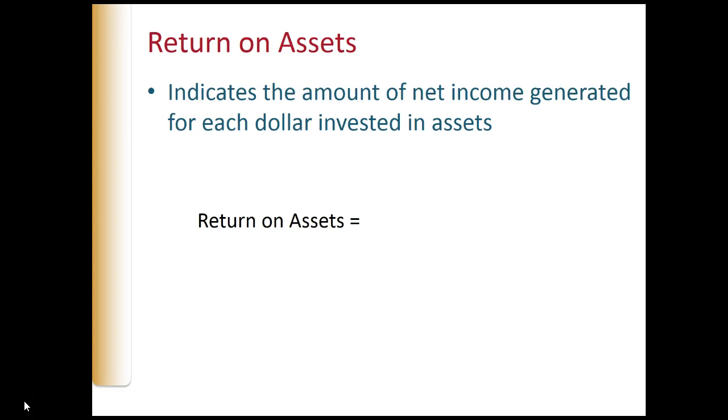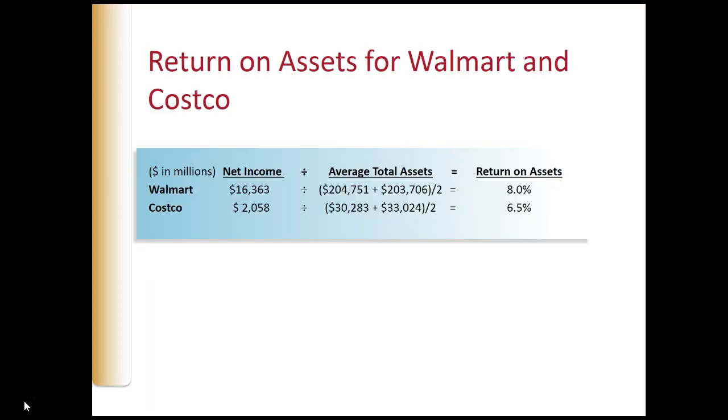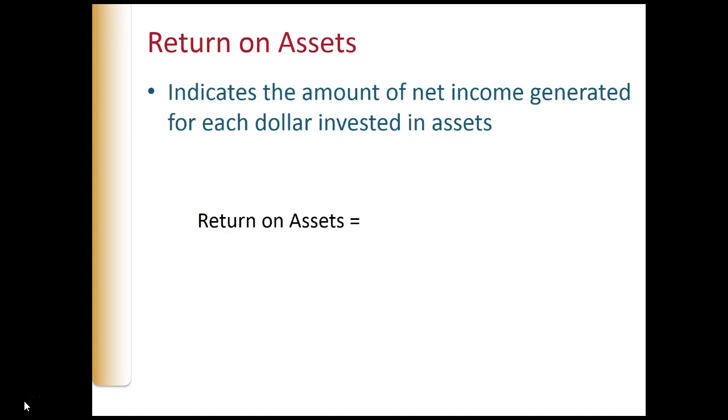A more comparable measure is return on assets, or ROA for short, which equals net income divided by average total assets. The average is calculated as the beginning amount plus the ending amount divided by 2.